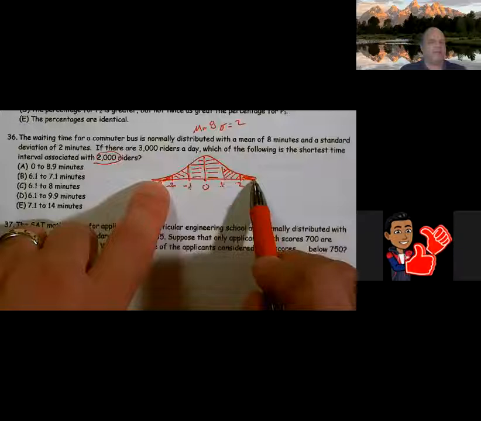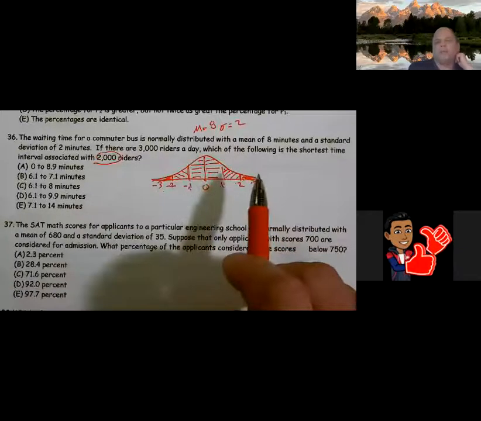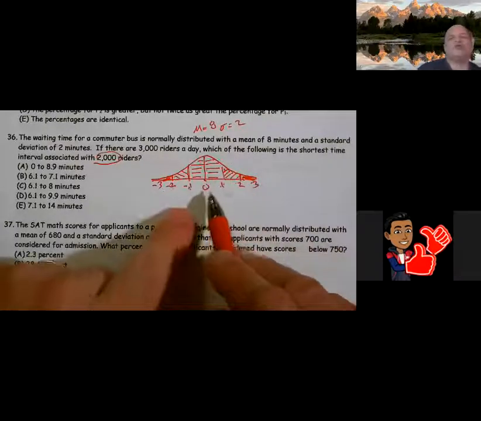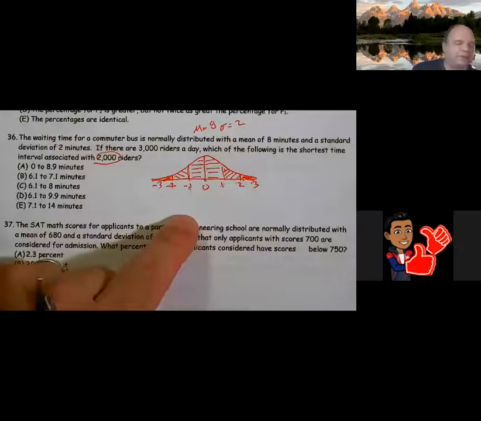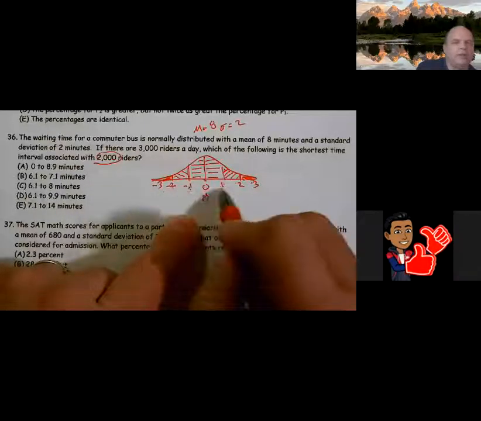So the tails have the least amount of data points, then the middle regions, and the center has the most. They want the shortest time, so the shortest time is going to be centered about the mean.